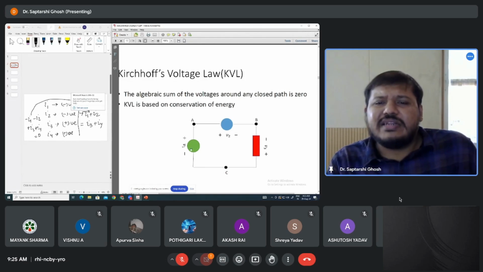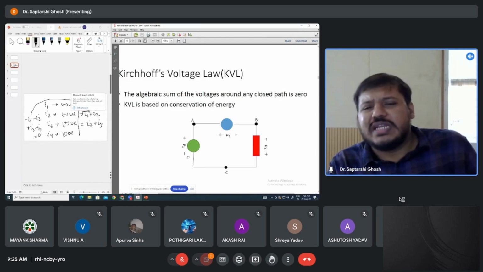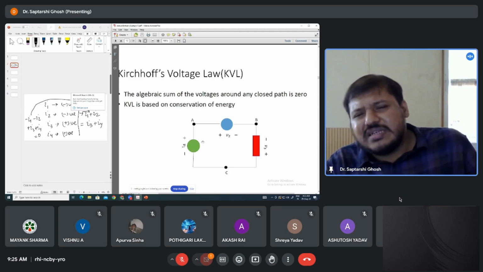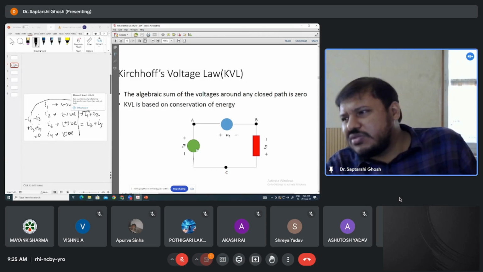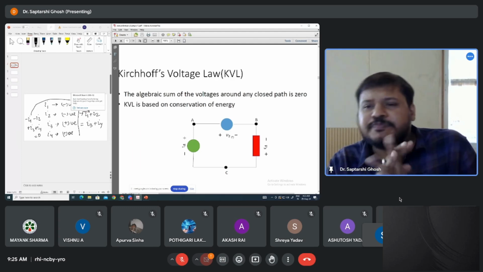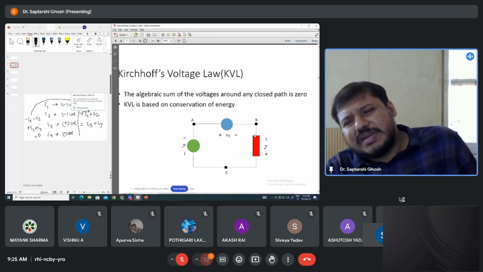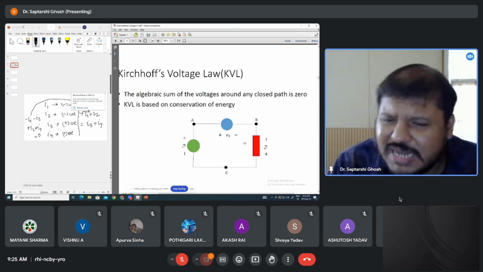The circuit that you are seeing here has some elements. We don't know what this element is. It may be any kind, resistance or anything. It's circular, that means it will be a voltage source. Say V1 and V2 are given, so it will be a voltage source. And this red element can be anything. It can be resistance, it can be other kinds of elements, but it is just an element here.